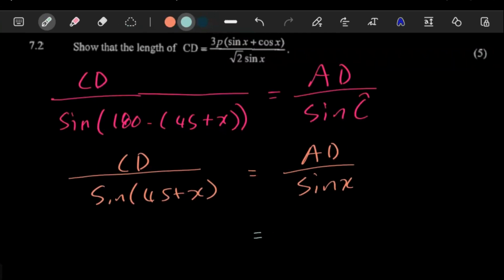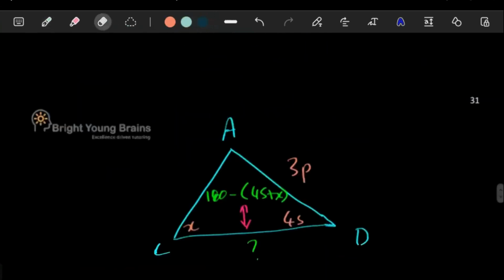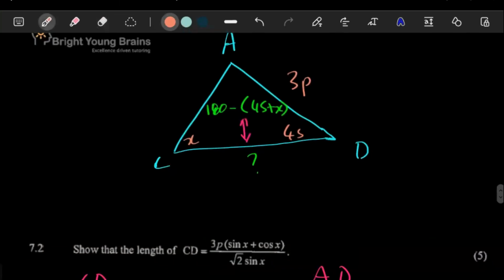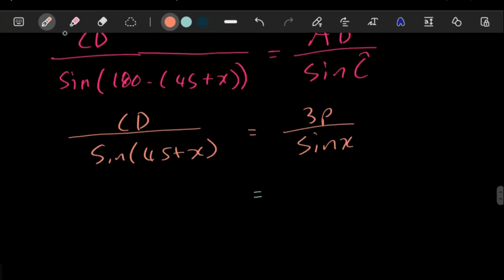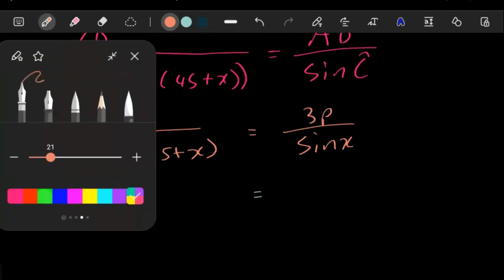But no, AD, we have something for AD. It's just 3P.